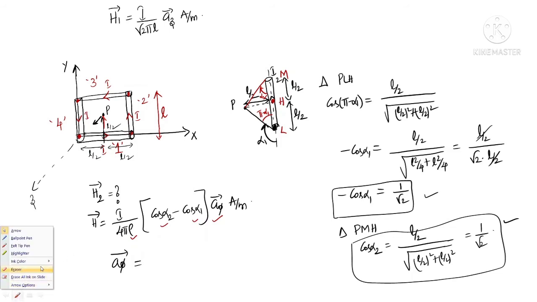Otherwise, you can also apply the formula, which is A phi bar is equal to AL bar cross A rho bar. What is AL bar? It is the unit vector in the direction of current. What is the direction of current here? Positive Y. So it is AY bar cross. And what is A rho bar? It is the perpendicular unit vector from the conductor to the point of interest.